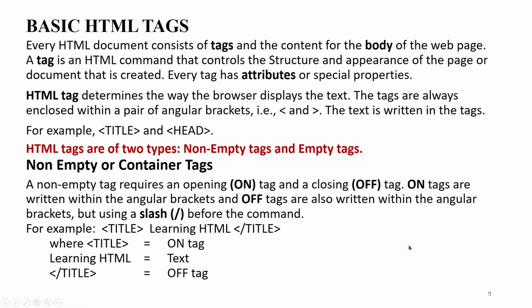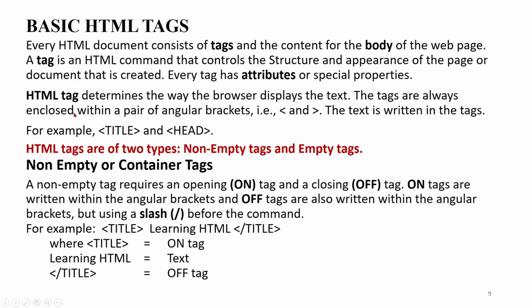Now let's learn the basic HTML tags. Every HTML document consists of tags and the content of the body of the web page. A tag is an HTML command that controls the structure and appearance of the page or document that is created. Every tag has attributes or special properties.